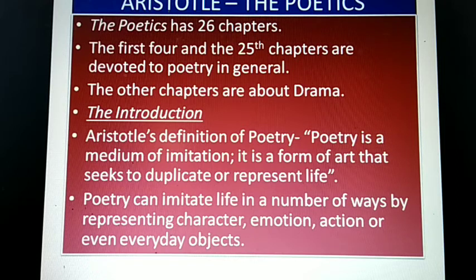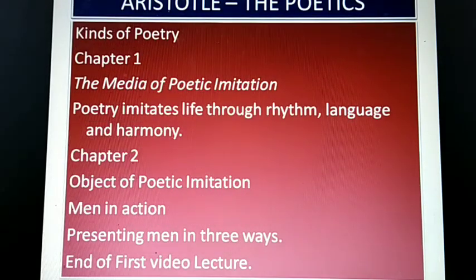Poetry differs in three respects: either in using different media for representation, or in representing different things, or in representing them in entirely different ways. And now let us look at chapter 1.